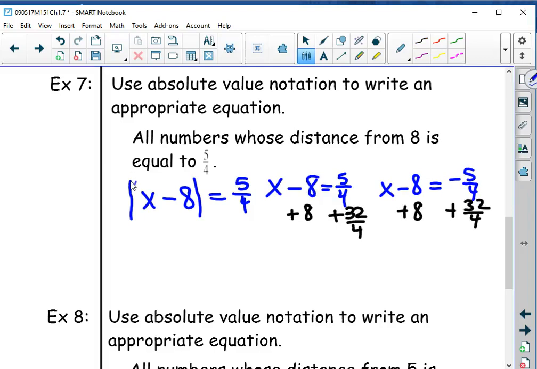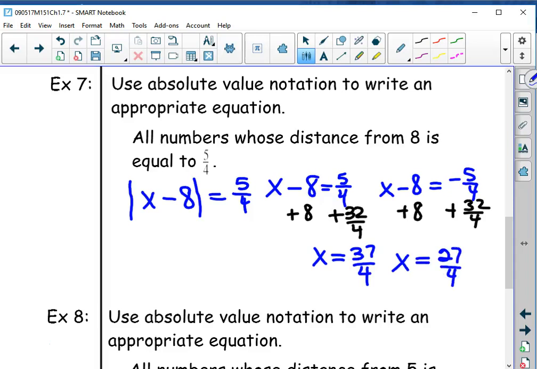And we get the two solutions. X is equal to 37/4, and x is equal to 27/4.